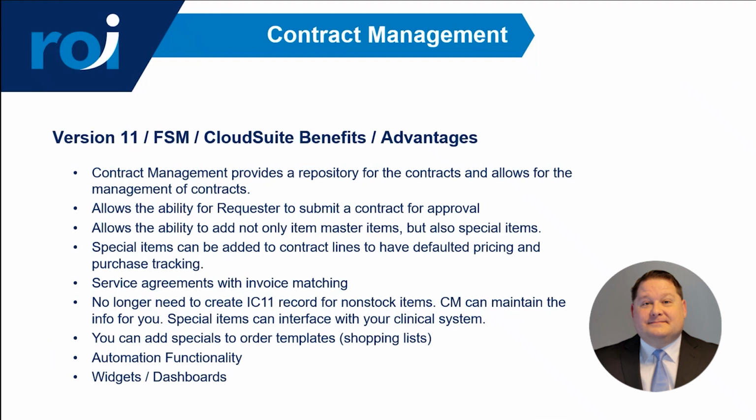So what's available is not only can you minimize the matching and paying of an invoice, but AP has the ability to not only match on a PO number, but they can match on a contract number, and they can also match onto a unique identifier for a working contract ID. So that allows for a little bit less errors in matching and being able to get those services paid faster.